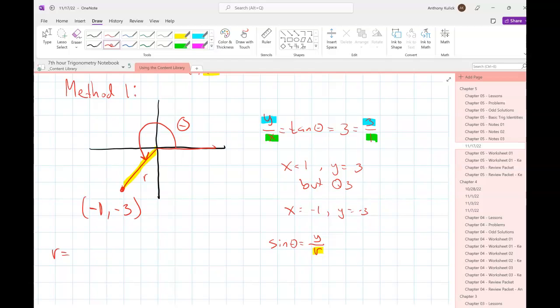How do I calculate the distance there from a point to the origin? Use the distance formula, right? Don't huff and puff at me. We did this already.